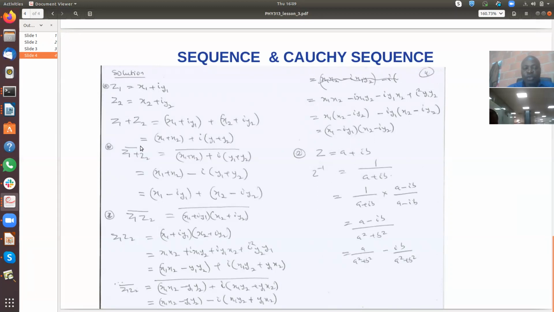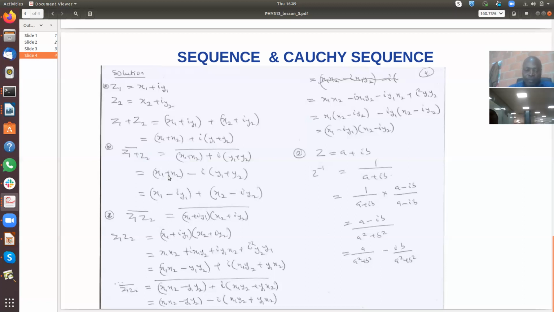Now you have to take the conjugate. What do we mean by conjugate? This line on top of this means conjugate. In doing that, you just put a negative inside this. So you have this, because the addition of this is this. When you put the bar on it, this positive sign here, you change to negative. So the conjugate of z1 plus z2 is (x1 plus x2) minus i(y1 plus y2).